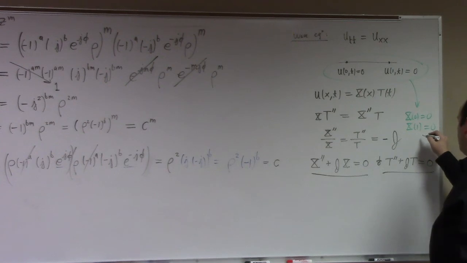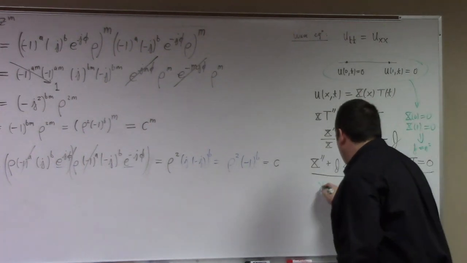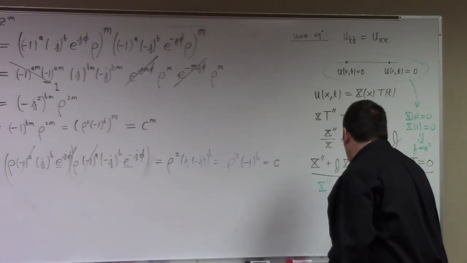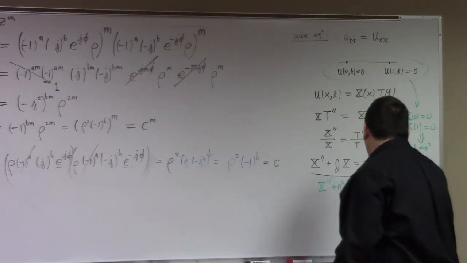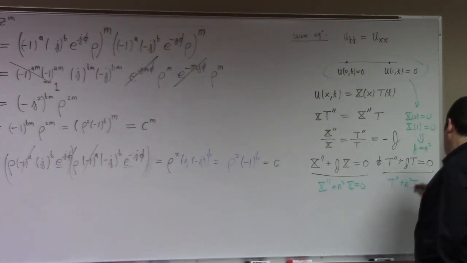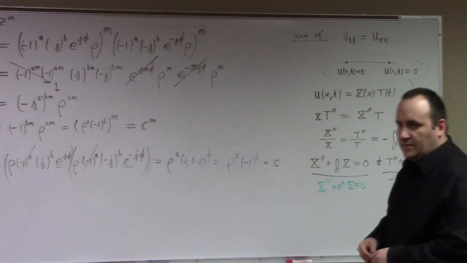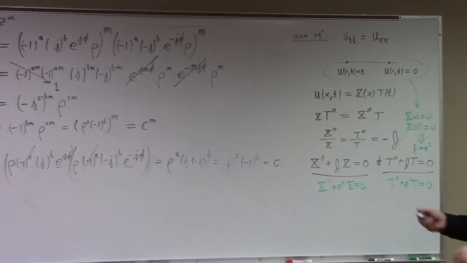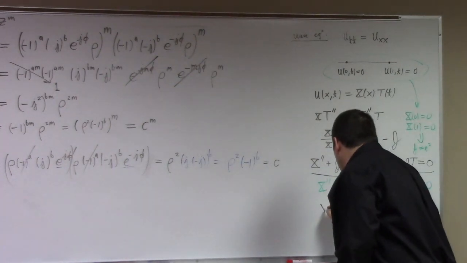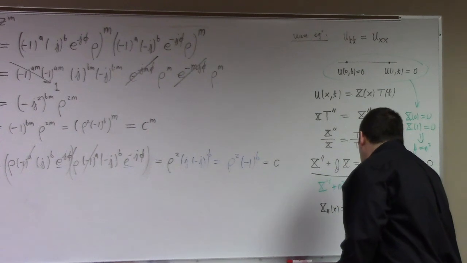So you actually have X'' plus n squared X equals 0, and likewise T'' plus n squared T equals 0, by the usual arguments at the very end of DEs where we study basic PDEs. And so the fundamental product solution is something like X_n(x) would be something like sine of nx.